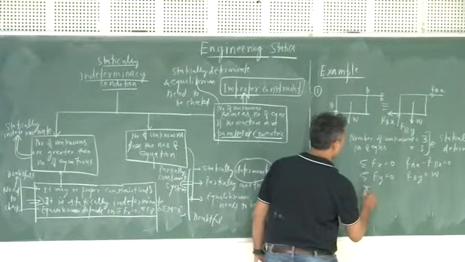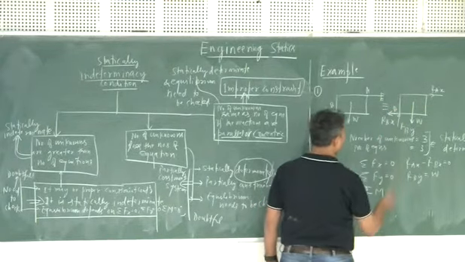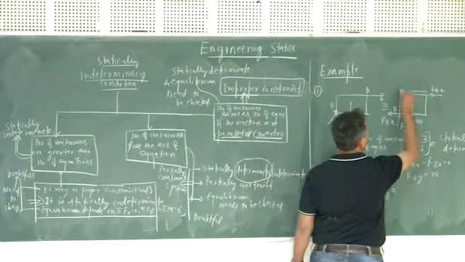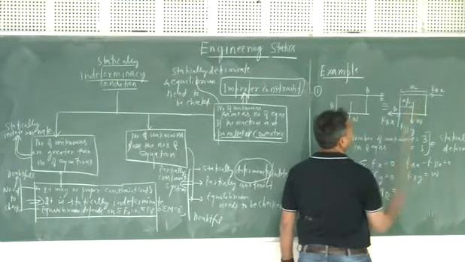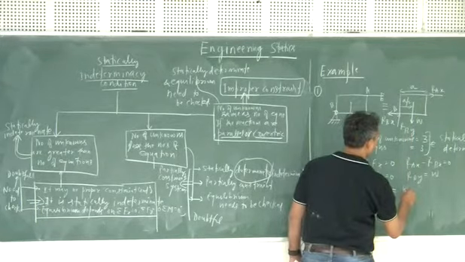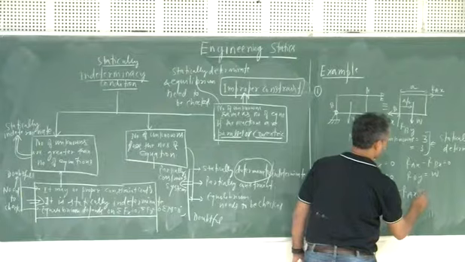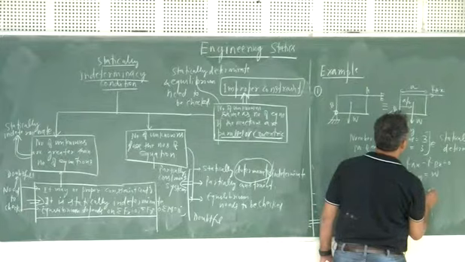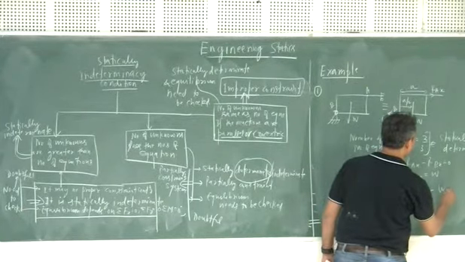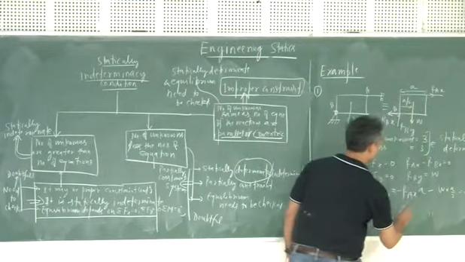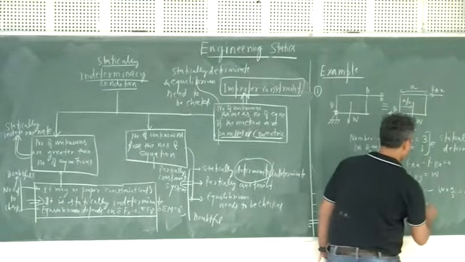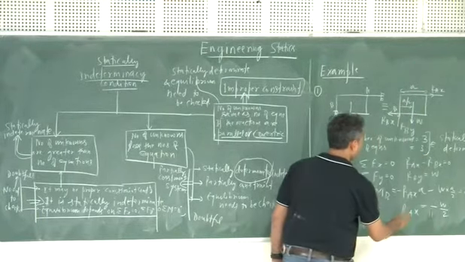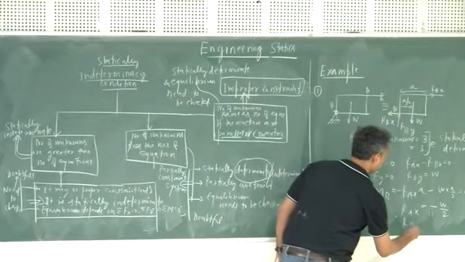And summation of moments about B gives minus R A X times W by 2 equals 0. So it means the R A X that you are getting is W by 2. And what will be R B X?